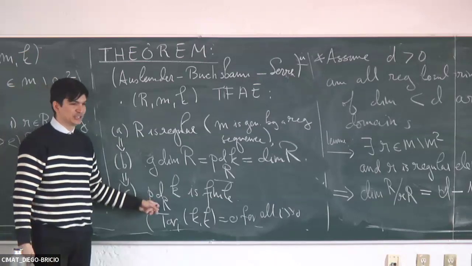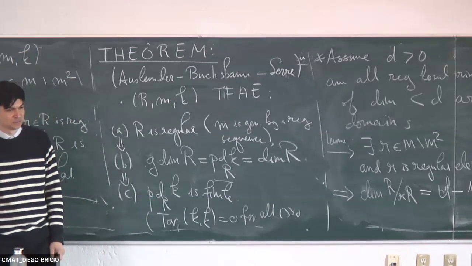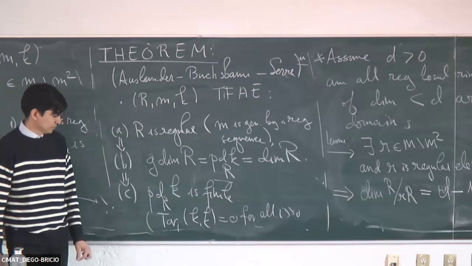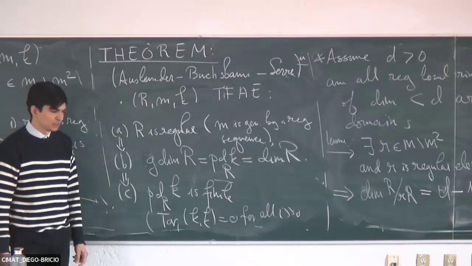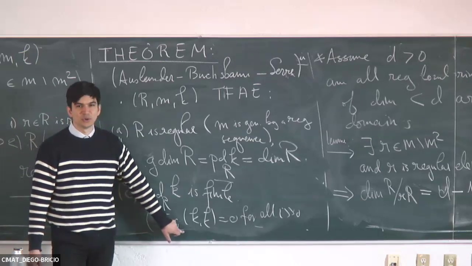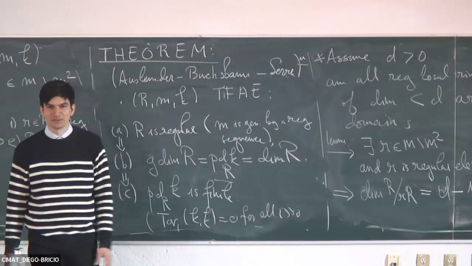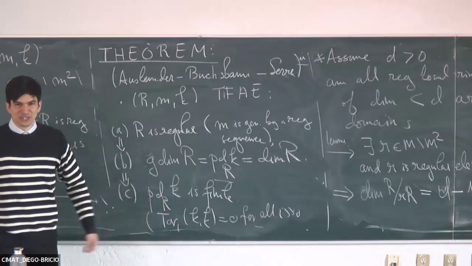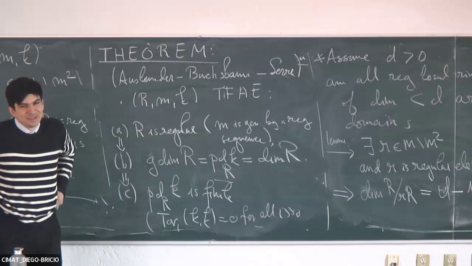This should be the definition of a regular ring. But what would happen if I tell you that the definition of a regular local ring is one in which Tor of k,k is 0 for i large enough? Who can understand what that even means?